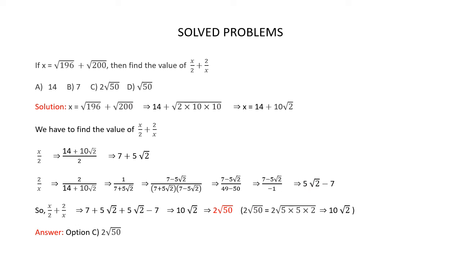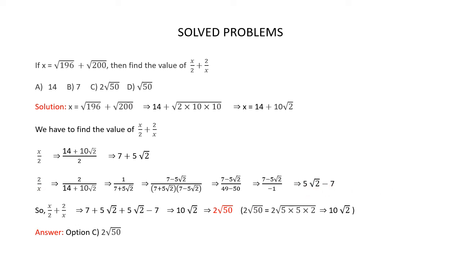So x by 2 plus 2 by x can be written now as 7 plus 5 root 2 plus 5 root 2 minus 7. We found the value of x by 2 as 7 plus 5 root 2. 2 by x is nothing but 5 root 2 minus 7.